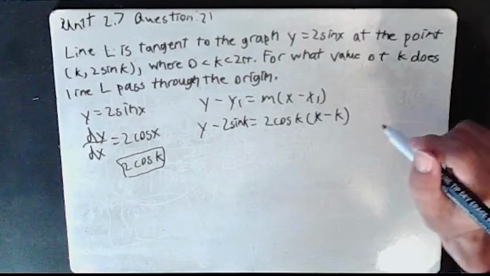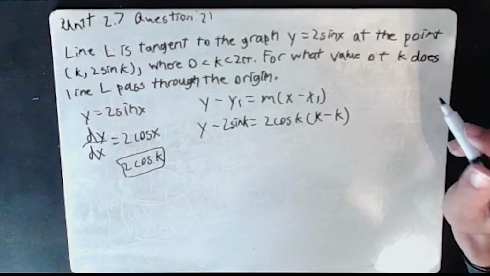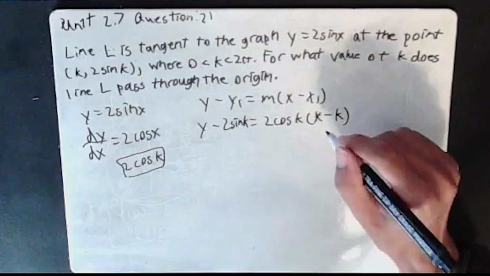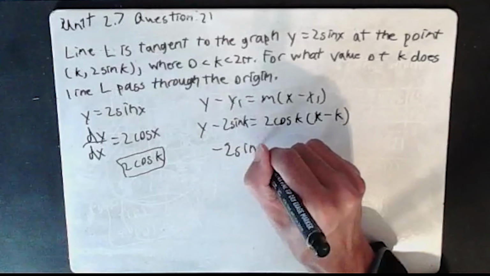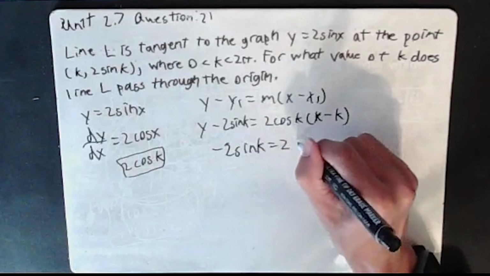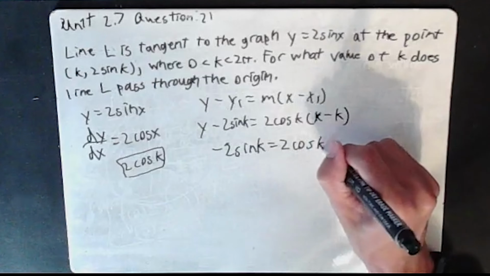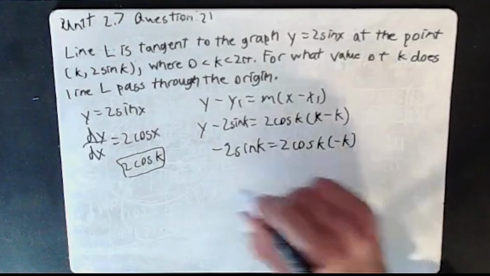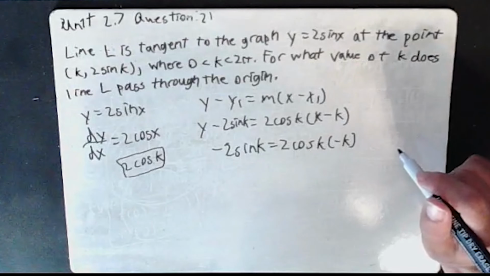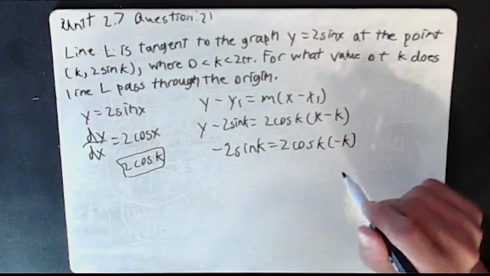So now we've got all this information. When it passes through the origin, that means y and x are both going to be 0. So we get negative 2 sine k equals 2 cosine k times negative k. Now to solve for k, we actually can't do this algebraically.